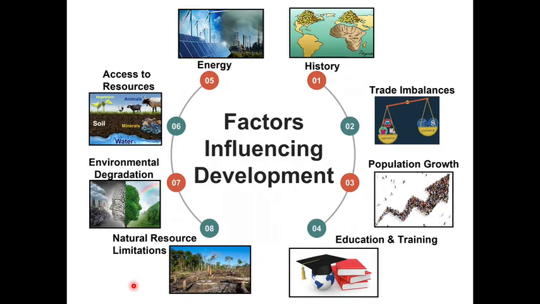Then natural resource limitations. Of course, some people just don't have the things which they can use to export. Environmental degradation. When your environment is, let's say, to use a word you can understand, turning ugly. It's not as aesthetic, as beautiful anymore.